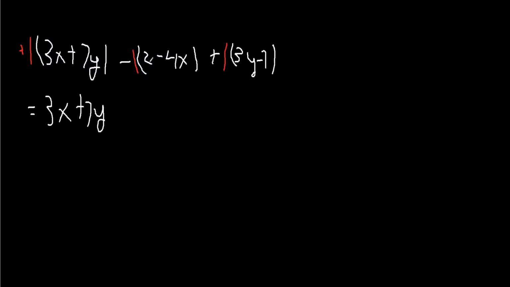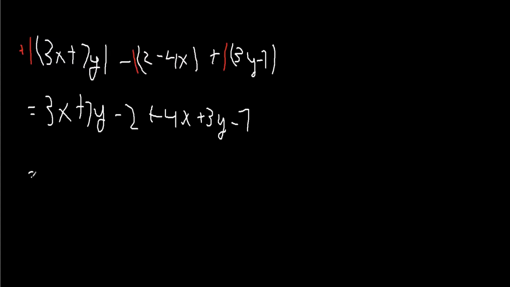And here, because we have our negative sign, we have negative 1. So that gives us negative 2. And negative 1 times negative 4x is positive 4x, because we have two negatives. And here we have positive 1. So that's positive 1 times 3y, which is positive 3y. And positive 1 times negative 7, which is negative 7.